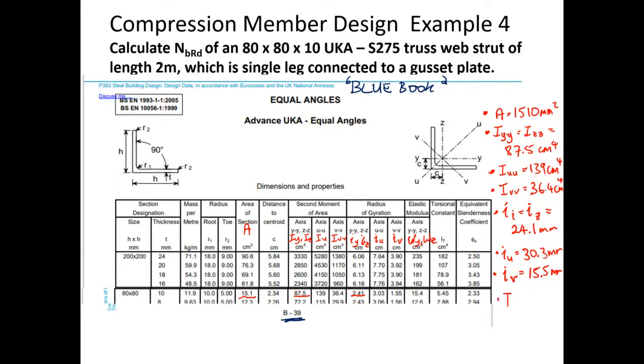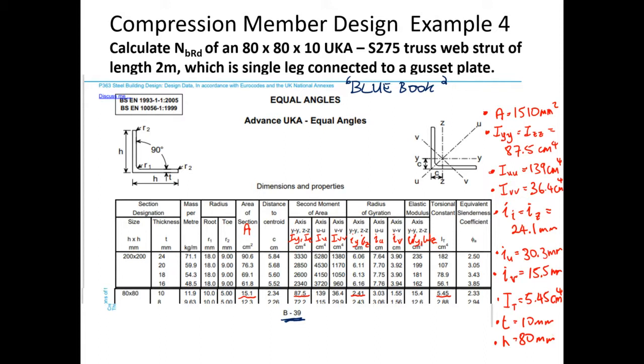And this torsional constant, IT, is 5.45 centimeters to the power of 4. Yes, I'm going to need all those values. Obviously, the thickness of the section at some stage as well, it's 10 millimeters, and the height of the section, which is 80 millimeters.